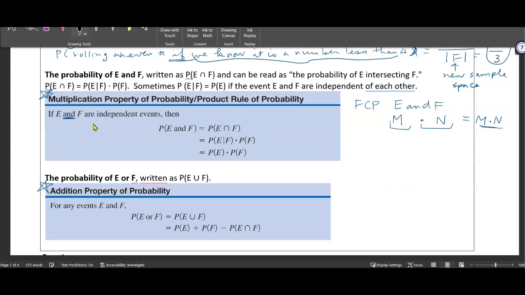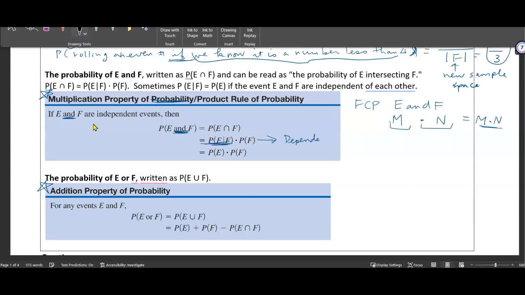So this multiplication property for probability is almost what I call the fundamental counting principle for probability. You still multiply them together whenever you have an and, okay? In the different cases, what we multiply will be different. In this case, our denominator got changed, the second event's denominator changed, and so this is the dependent event.